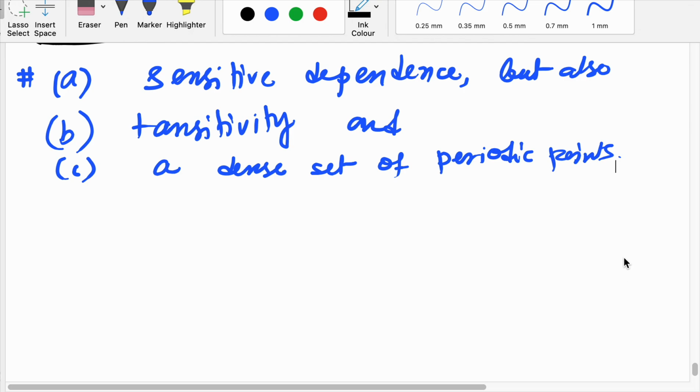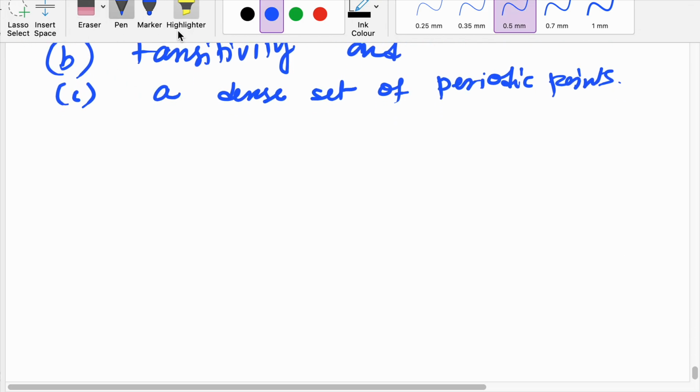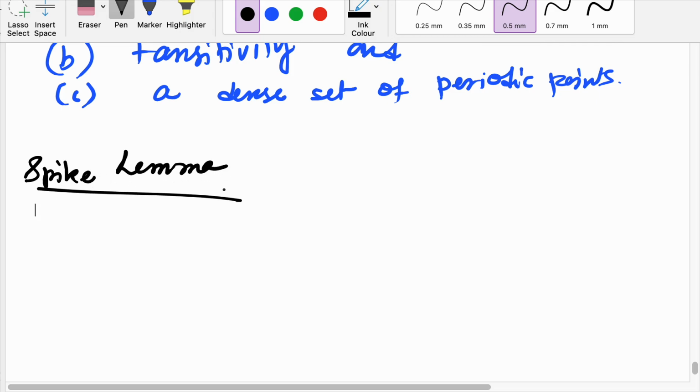So let me recall it. What does this spike lemma say?